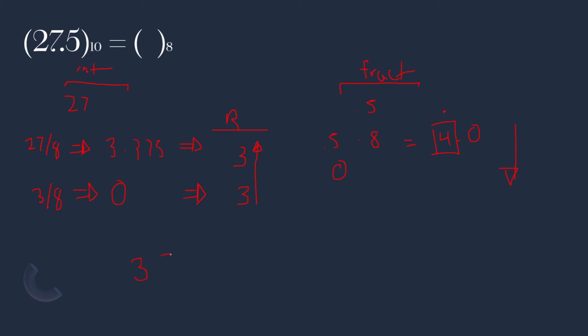So we have our integer part here reading up, 3, and then we read our fraction part, which is just 4. So 27.5 in base 10 is 33.4 in octal. And that's our answer for this.